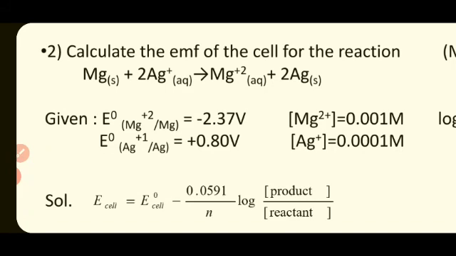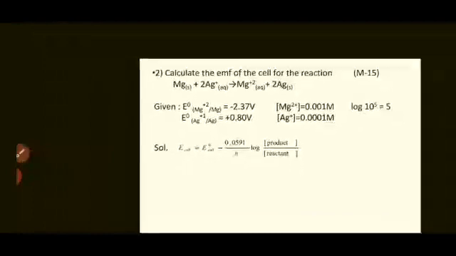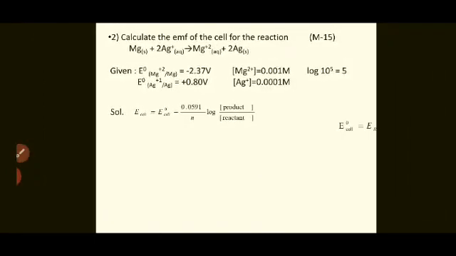Here the product Mg2+ ions are present, and hence we have to take 10 to the power minus 3 concentration in the numerator, whereas in the reactant Ag+ ions are present, and how many moles are there? 2 moles are there. Therefore we have to take the square of this 10 to the power minus 4. So again by substituting all the values.